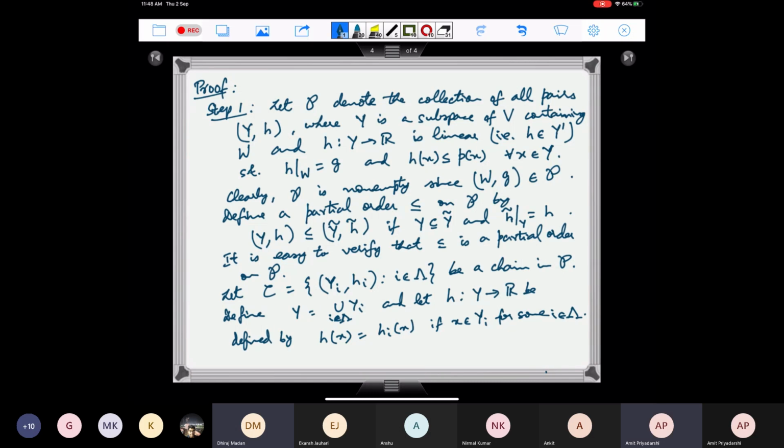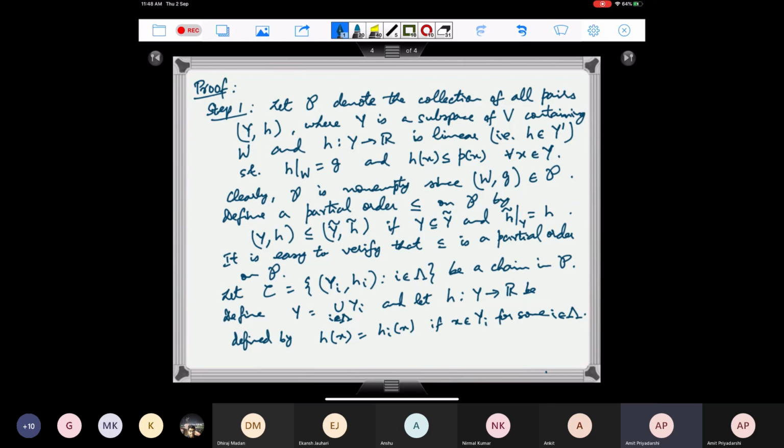That is the main thing, because we are taking a chain, so we know that if I take x belonging to Y_i as well as Y_j, then one of them is a subset of the other. So suppose Y_i is a subset of Y_j, then we have that h_j restricted to Y_i is the same as h_i. So therefore h_j of x is the same as h_i of x. So that will show that this h is well defined.